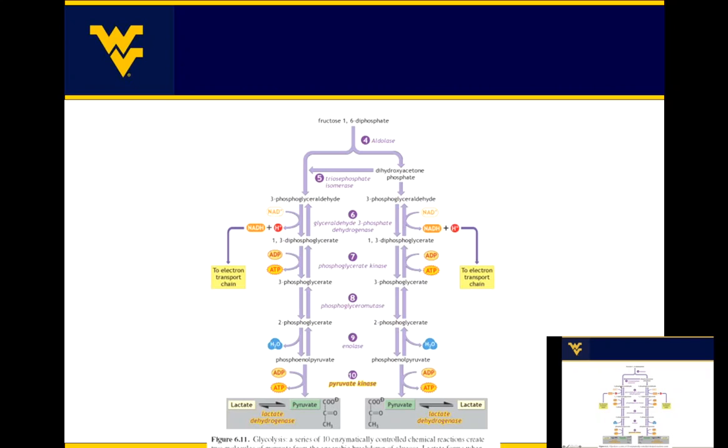Okay, well, if you've taken chemistry, you may remember that you can't have hydrogens just floating around because it's going to change the pH. So these hydrogens are actually picked up by coenzymes. Okay, and I'm going to define this for you in a second.